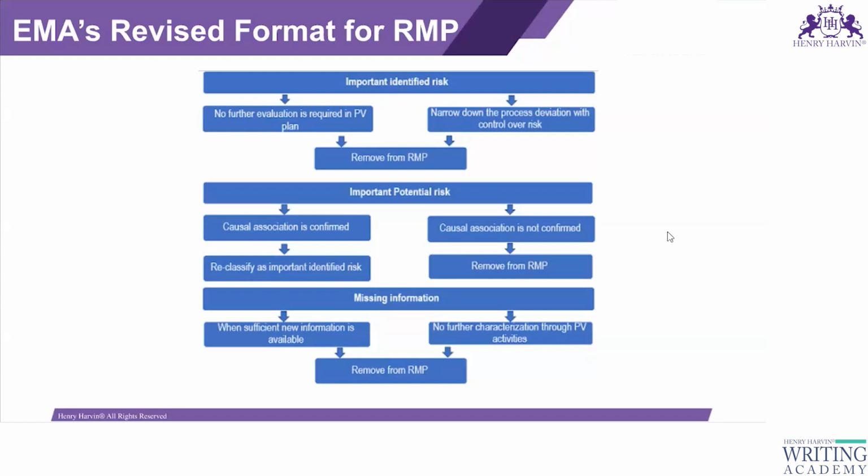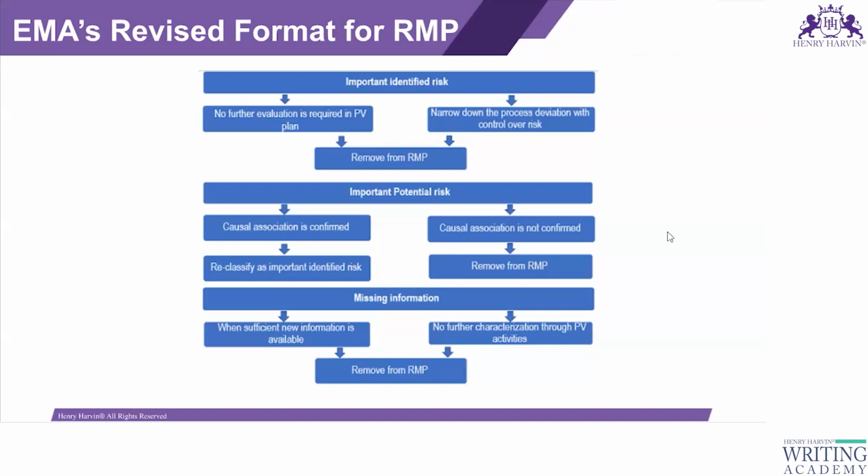Okay. Then the second case is the important potential risk. Now some risks are potential, but it is not yet confirmed that they are associated with the drug, or there is no evidence available that the risk is not associated. In that case, a study is conducted by the pharmacovigilance professionals, or work is done on those when new signals are detected.